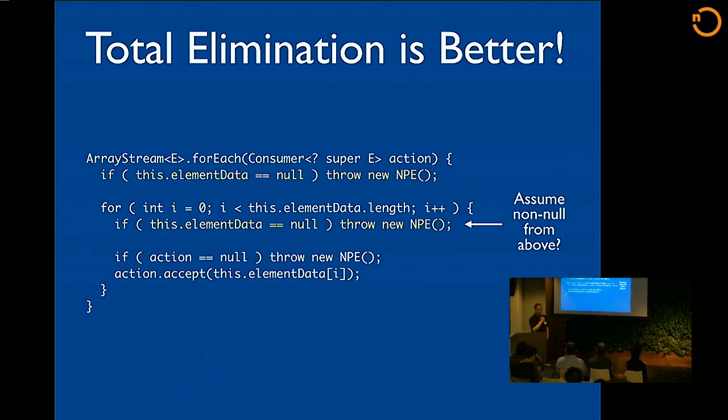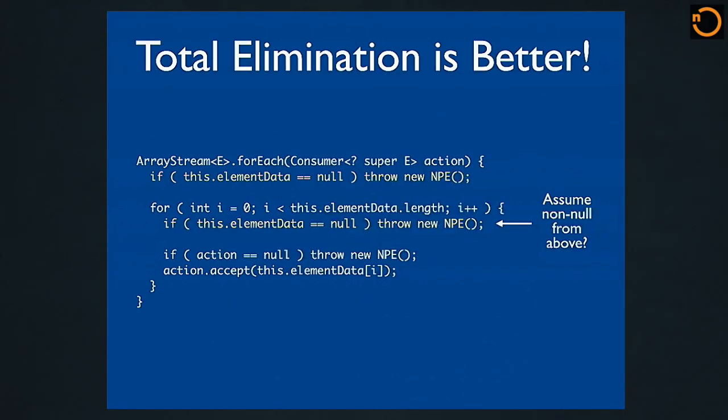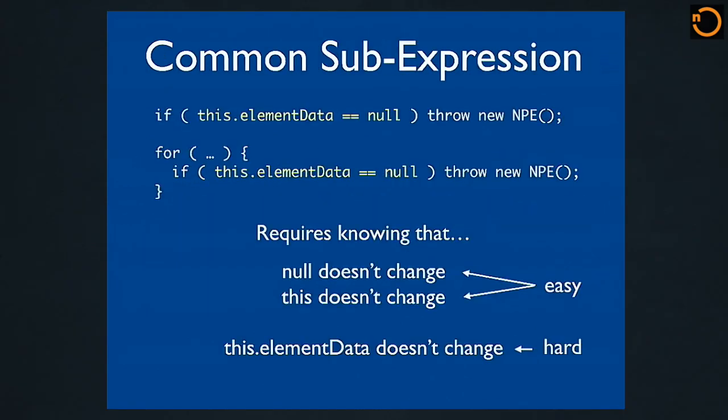Okay, so we could actually make all these null checks better. But if we could totally eliminate them, that would be even better still. You would think we should be able to do some sort of common sub-expression or type reasoning about this element data equals null, right? It's not null outside the loop. If it was null, we threw a null pointer exception, we're not in the loop, and we're done.